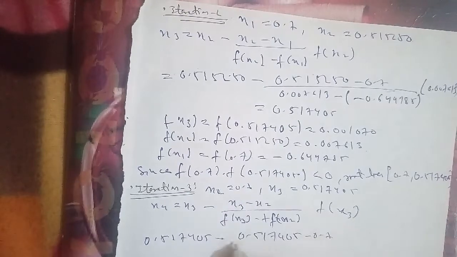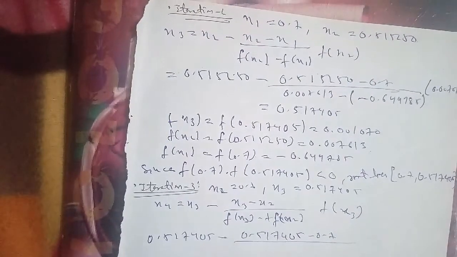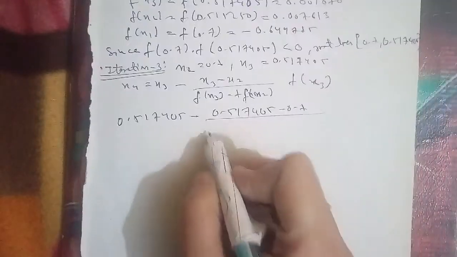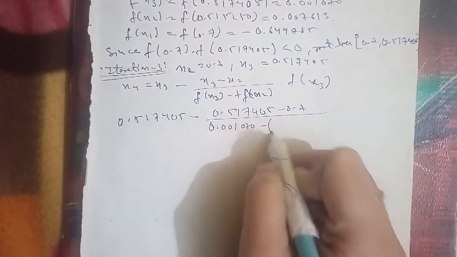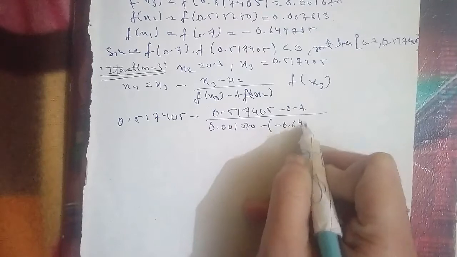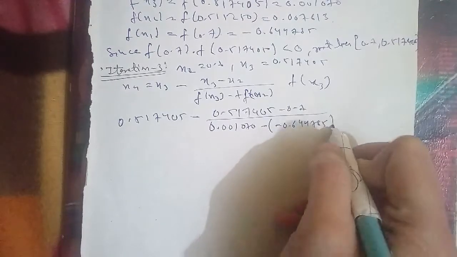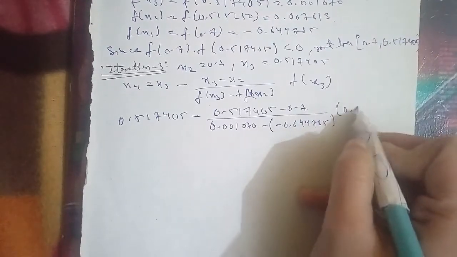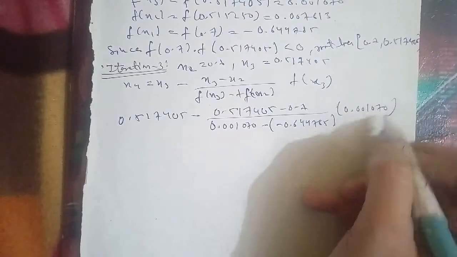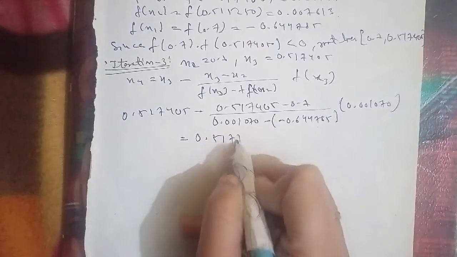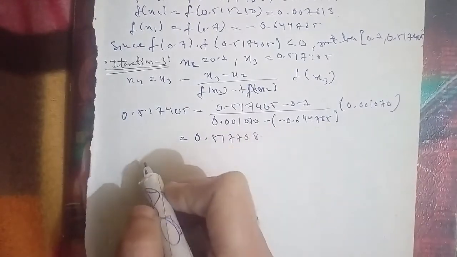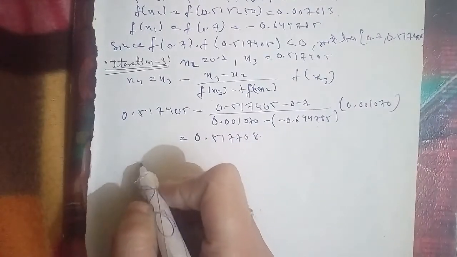Note that the second iteration root is 0.517405 and the third iteration root is 0.517708. The root repeats up to 3 digits after the decimal, and hence root 0.5177 is correct up to 3 decimal places. We'll go ahead for the results and comments.